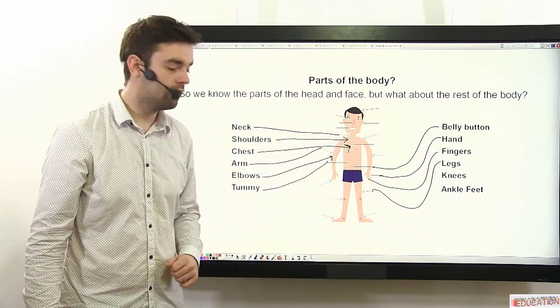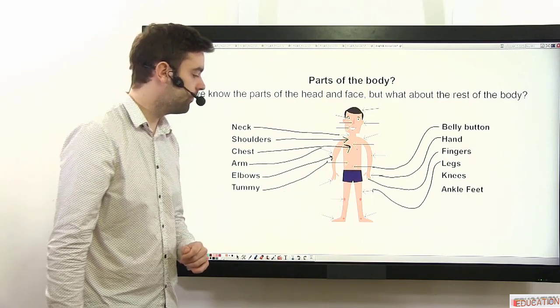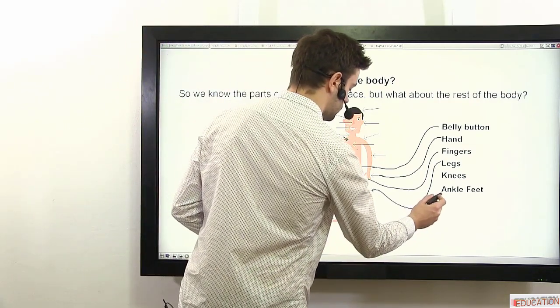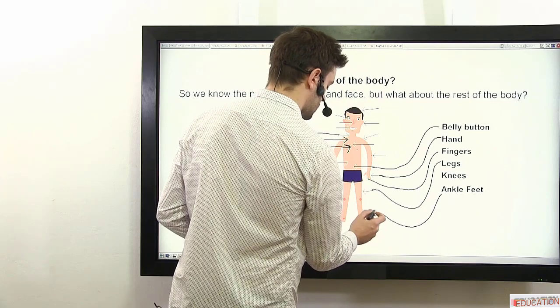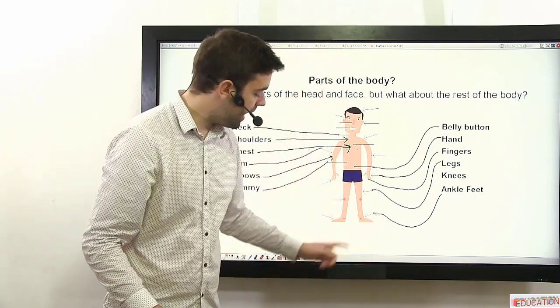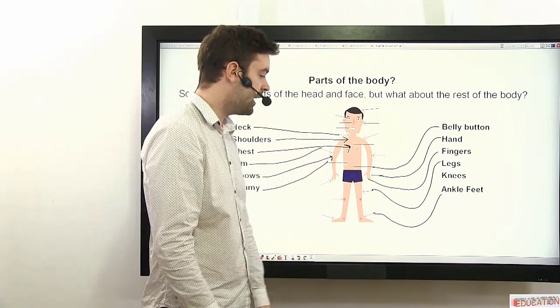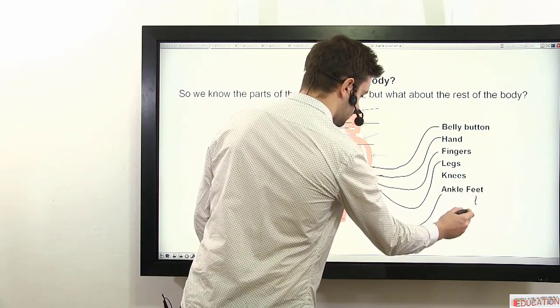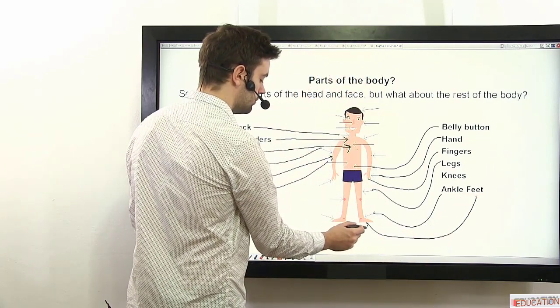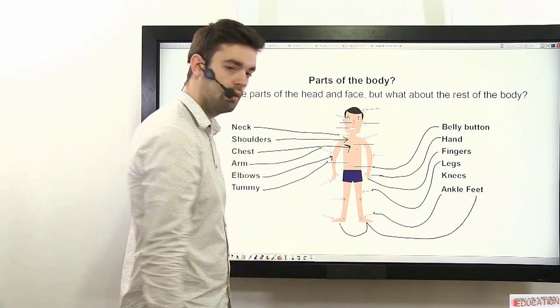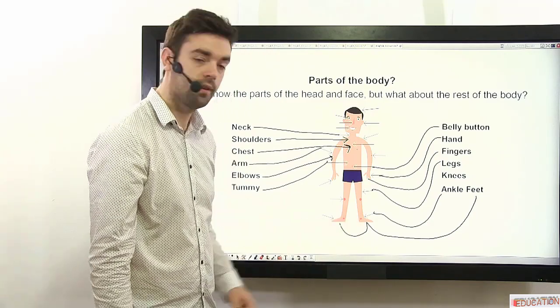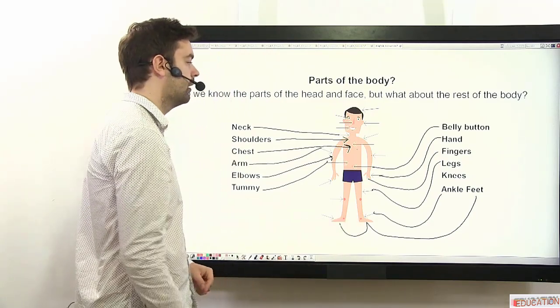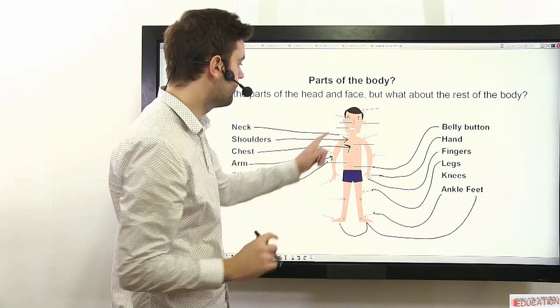The leg. The ankle. The feet. So what have we got missing?